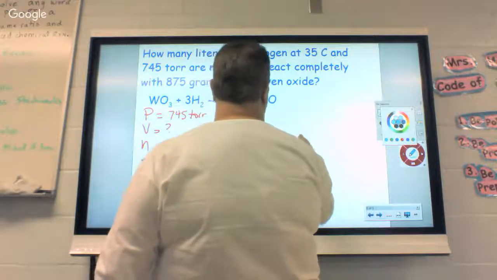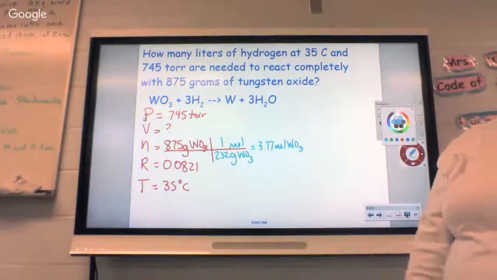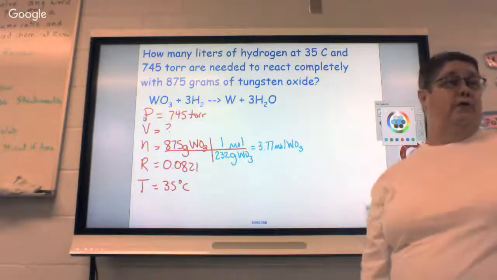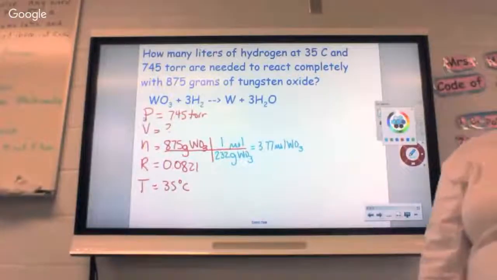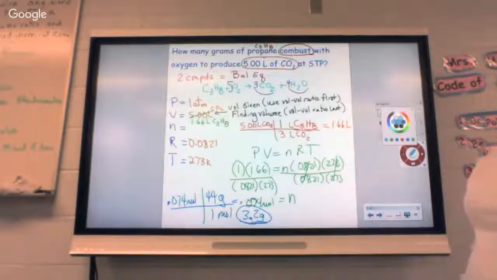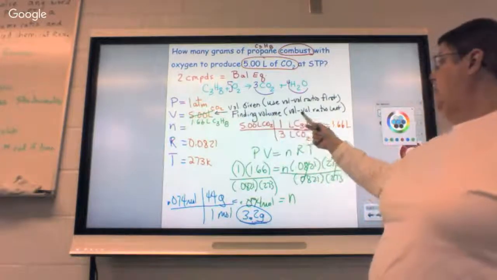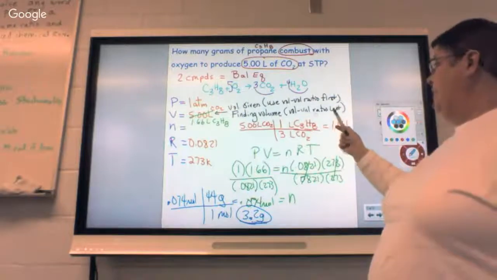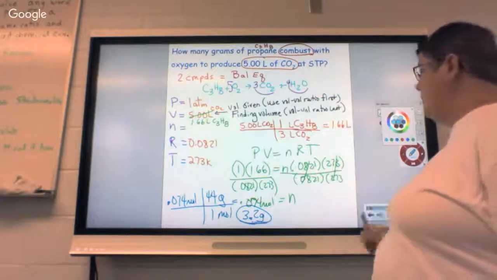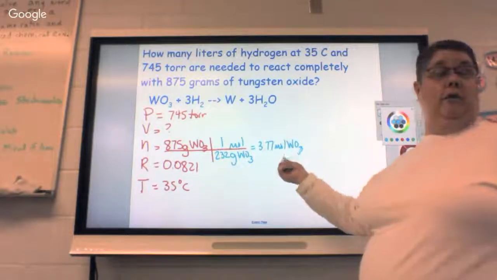of WO3. Now, I told you that I was going to do the volume-volume ratio, right? So I'm going to do my volume-volume ratio like I said here. If I'm not given volume, if I'm finding volume, I do it at the end. But some of you are very bright, and you're going to figure out, oh, I got moles.